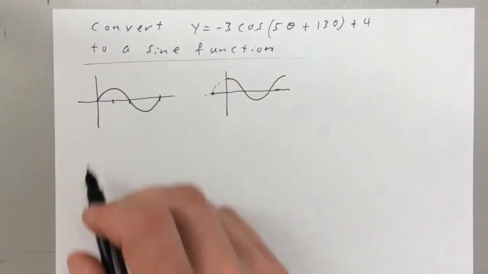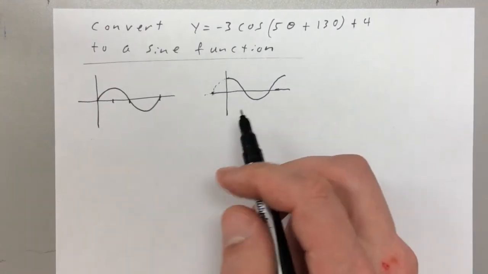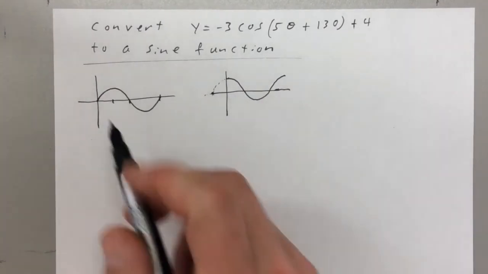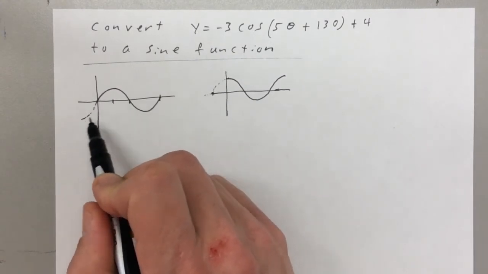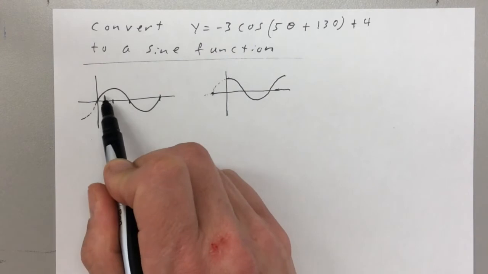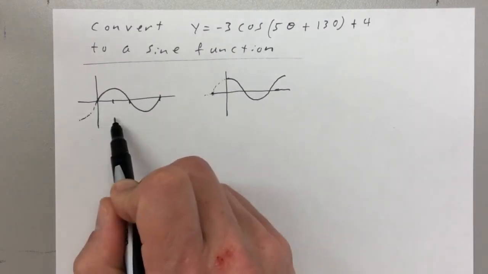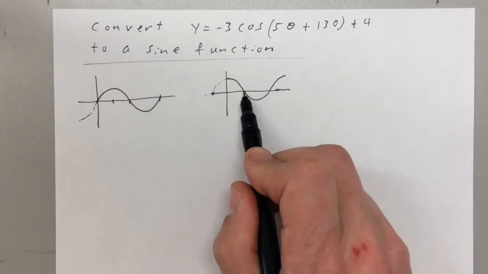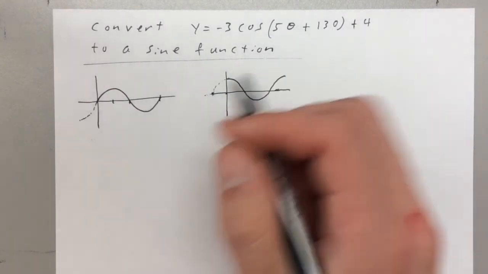Okay, and we can convert a sine to a negative cos. If we look back down here, if we move this sine forward a quarter of a period, we'd have a negative cos. And if we moved this back a quarter of a period, we'd have a negative sine as well.